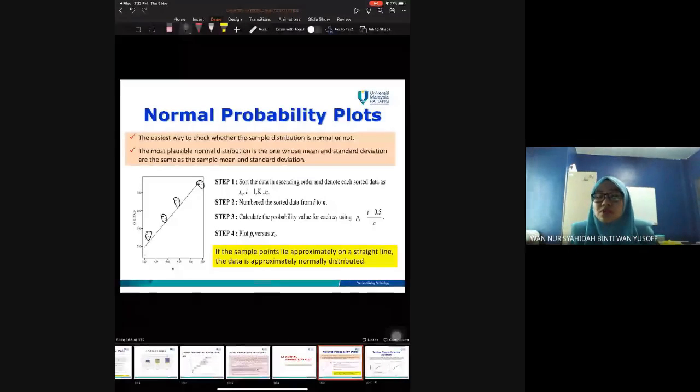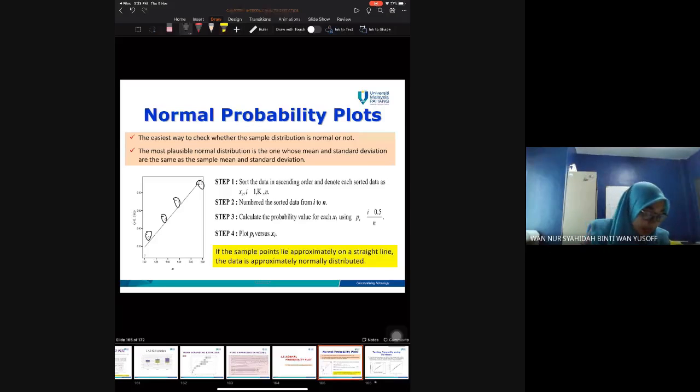It is not necessary that all the data must be on the straight line. If most of the data is on a straight line, then we can say our data is approximately normal. If most of the data deviate from the straight line, then your data is not normal. So plotting is based on visualization, how we see that graph.